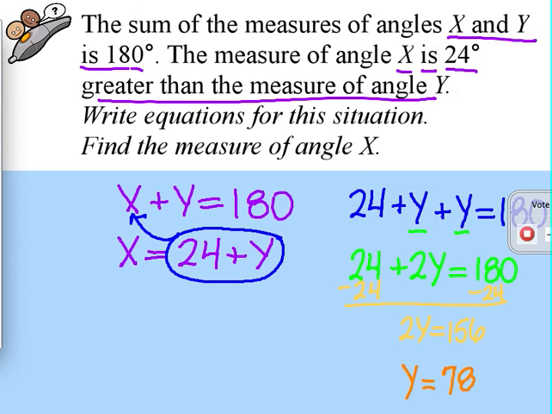Now what I want you to do is tell me what the measure of angle x is. So now what I have to do is take that angle y and plug it back in. Wait, so we do like x plus 78 equals 180? You wouldn't even need to do that. I would look back at the circled equation, guys.